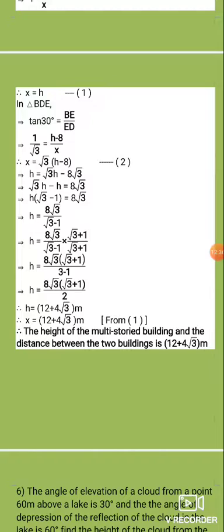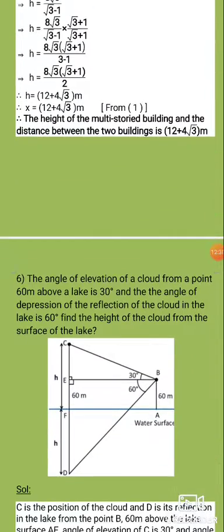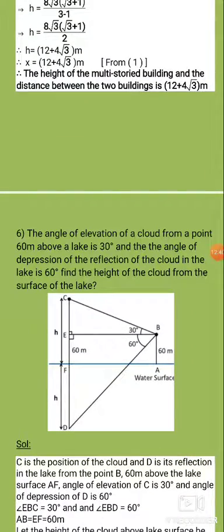Clear? Now the last question, that is one extra question. Important one is this. The angle of elevation of a cloud from a point 60 meter above a lake is 30 degree, and the angle of depression of the reflection of the cloud in the lake is 60 degree. Find the height of the cloud from the surface of the lake. Now listen carefully here.